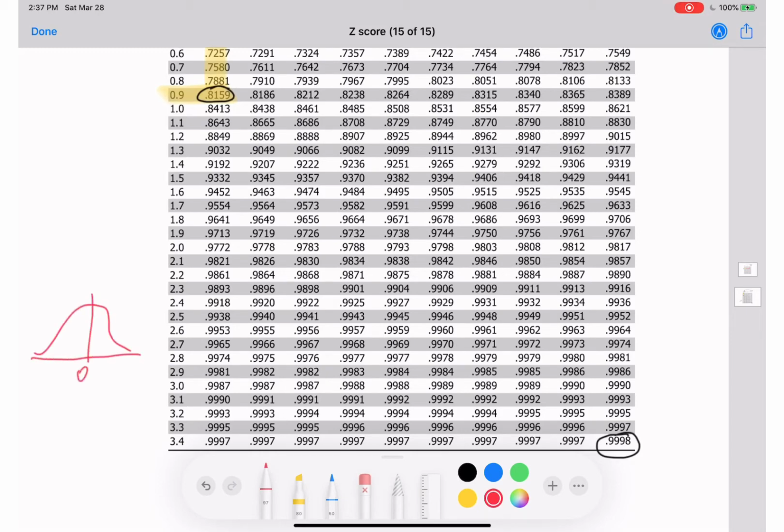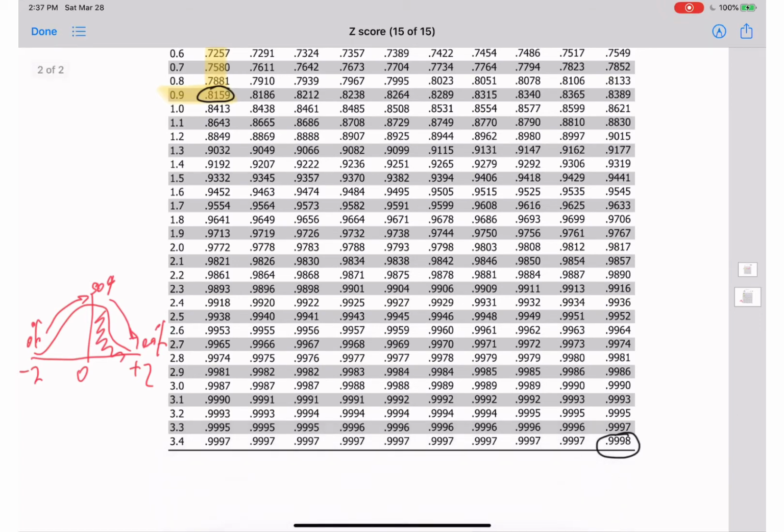This is 0, this score is 0, this is the highest 50%, that starts with 50% to 100%, and that's a positive z-score, just like we have here. And the negative z-score goes from 0% to 50%. Every time you have less than 50%, it's going to be a negative z-score. Every time you have 50% or higher, your z-score is going to be positive.